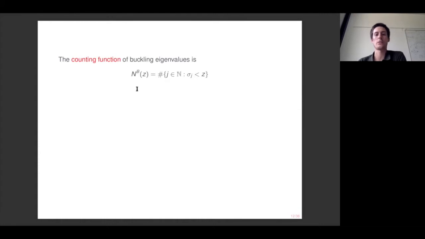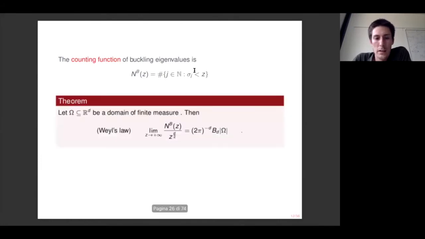So I recall that the counting function for the buckling eigenvalues is this one. And it's already known that the Weyl law for the buckling counting function is this one. That is, the buckling problem admits the same Weyl law as the Dirichlet or Neumann Laplacian. This is of course not a surprise, because usually the first term does not depend on boundary conditions.